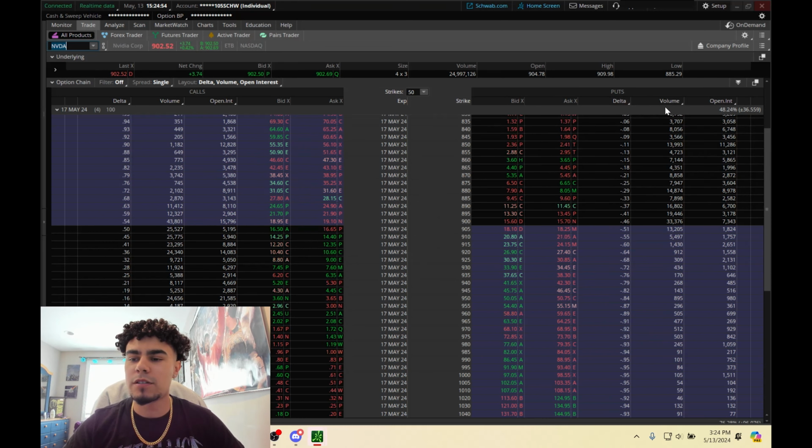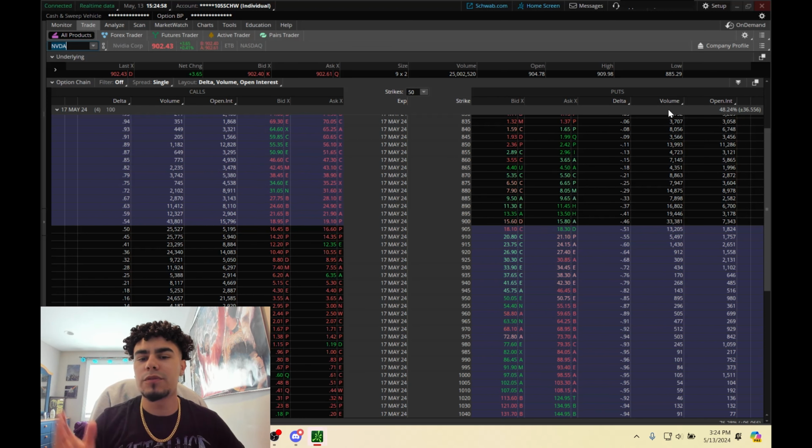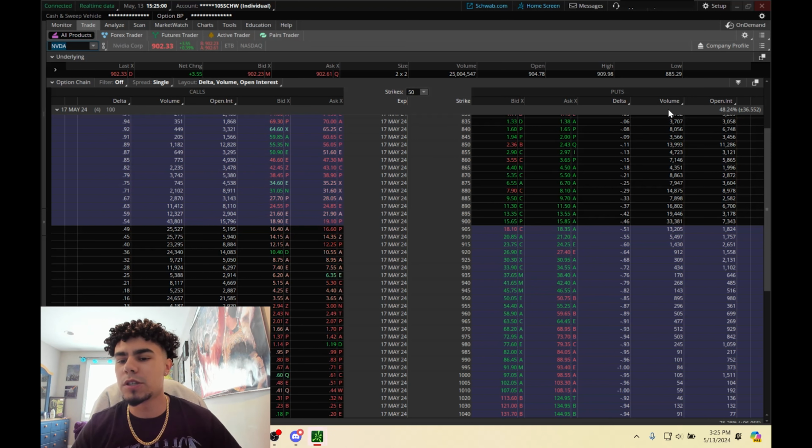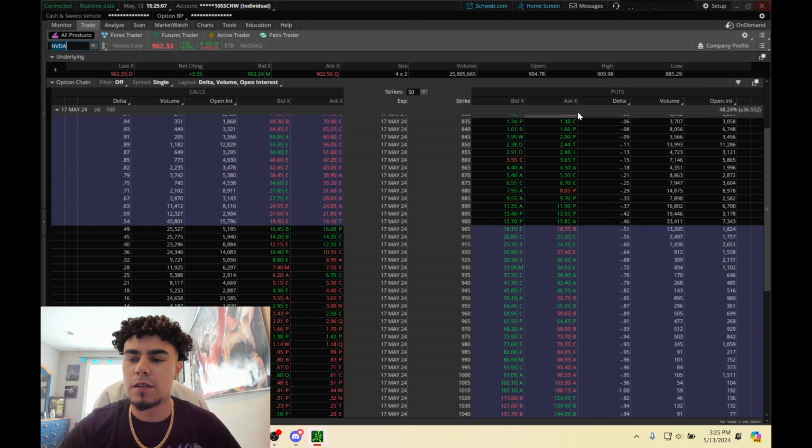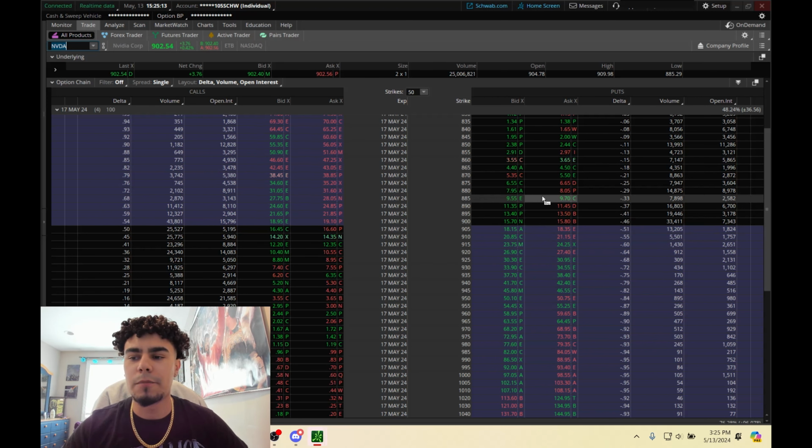So if implied volatility is dropping while you're in a trade, the trade could be moving in your favor, but you can still be losing money because the implied volatility premiums are getting taken away from every single contract. So there's going to be times where the stock might be flat, but you can be losing money because of the extra factors such as implied volatility dropping during your trade, causing you to lose money.